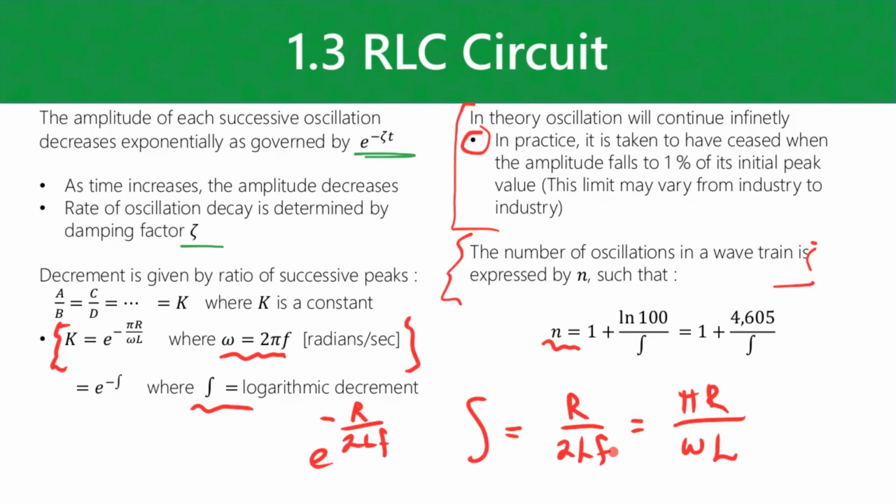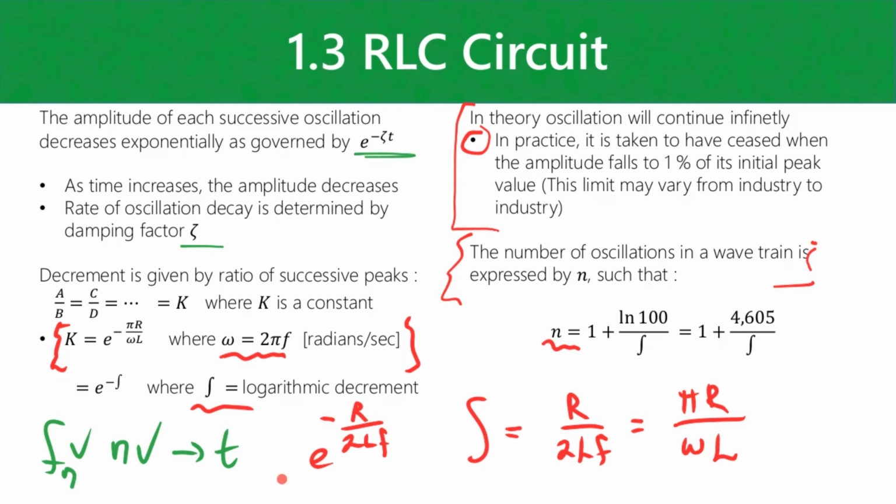So let me maybe write these things down for us. You know the natural frequency, and now you know the number of oscillations. You can now calculate the time that it will take to reach steady state. You know the number of oscillations to 1% of the initial peak value and the frequency. Actually, I need to say Fn here.